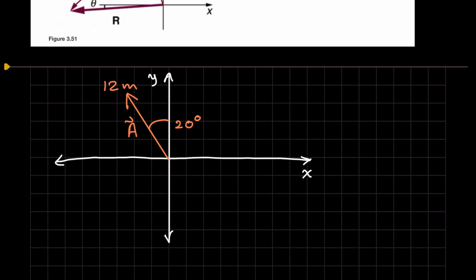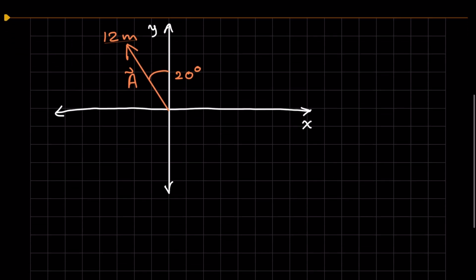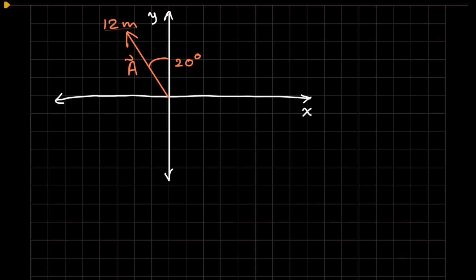Now what I want to do is break this vector up into its component parts. What I want to show you is how to do that. I'm going to copy over the vector A here to the side. That's A right there. And I can break up this vector A into its component parts.